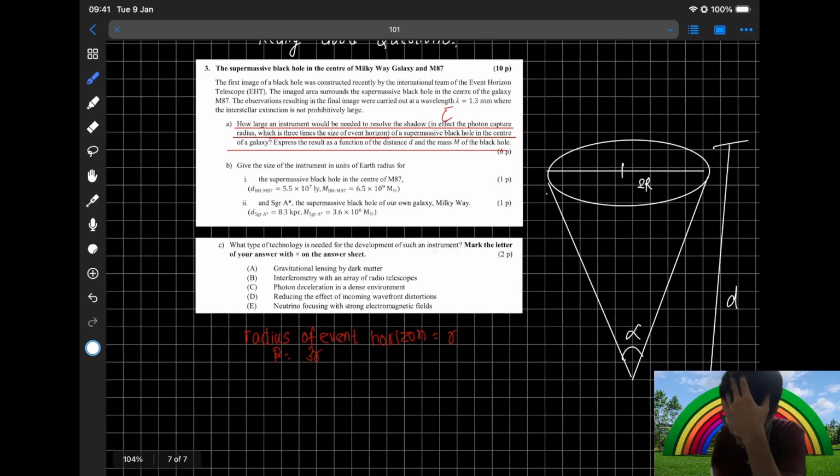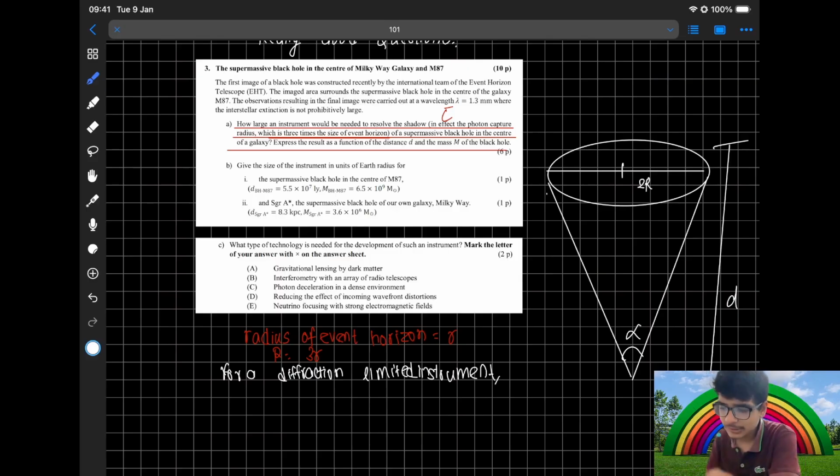So we know for a diffraction limited instrument, I mean, let us not consider these diffraction things, right?